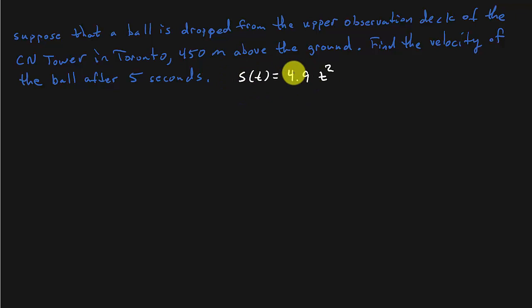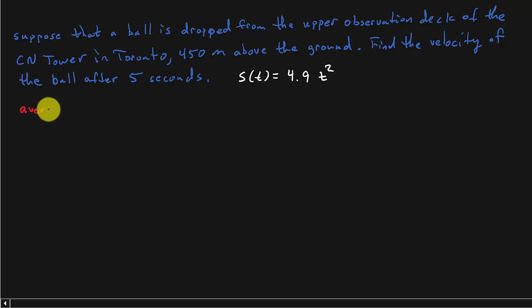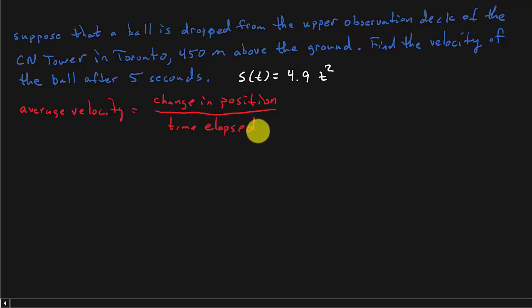Now, we've got a formula that says the average velocity is equal to change in position over time elapsed.